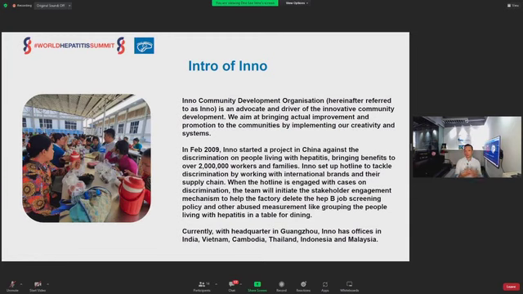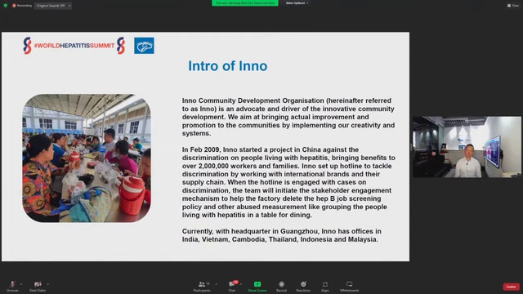We will go to the international brands and the factory owners to say, hey, you're doing something wrong and unlawful. I need you to change something, otherwise big things will happen to your workplace and to your company. So we work together with the workers, as people living with hepatitis B, mainly to change the policy inside the workplace.